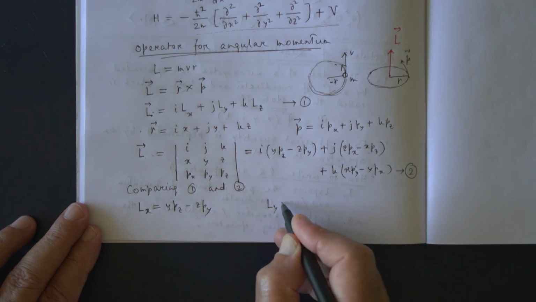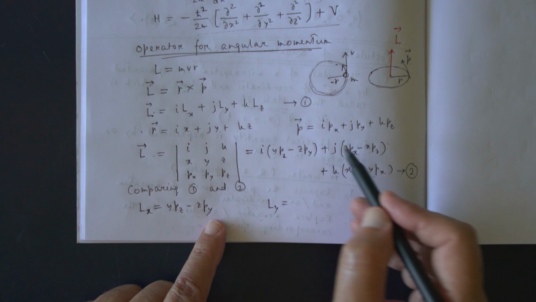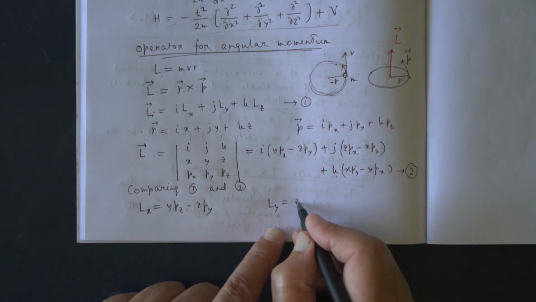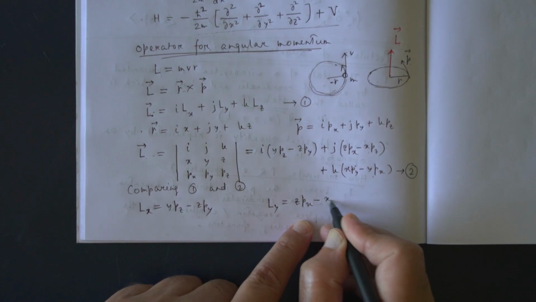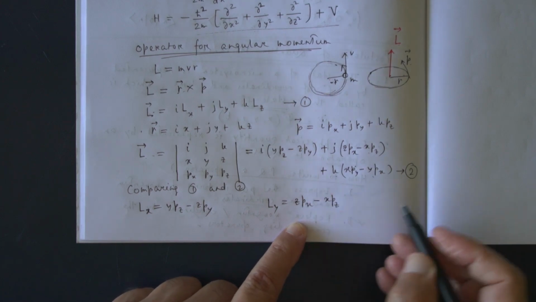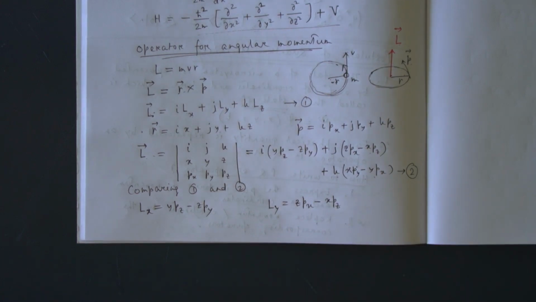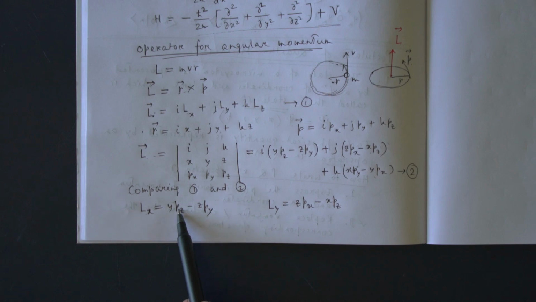Ly will be equal to zpx minus xpz, and similarly Lz. Now what have we actually done? We have expressed angular momentum in terms of coordinate and momentum.